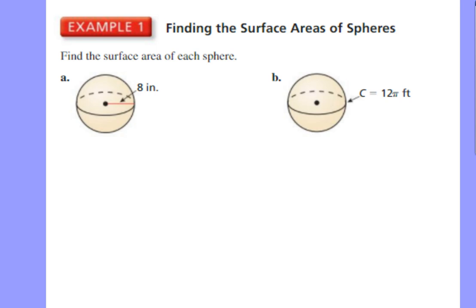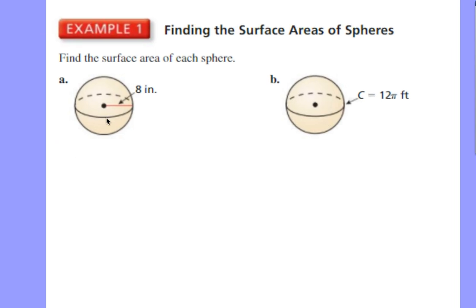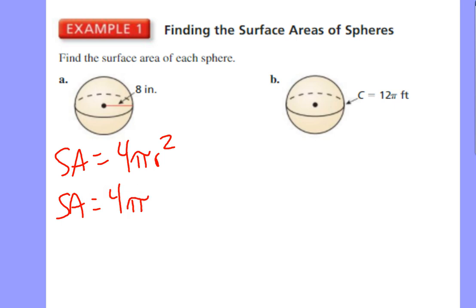So let's take a look at an example, or a couple examples of how we can put this into some application. So the surface area of a sphere is 4 pi r squared. So in this case, pretty basic, 4 times pi, the radius clearly is 8, so 8 squared.